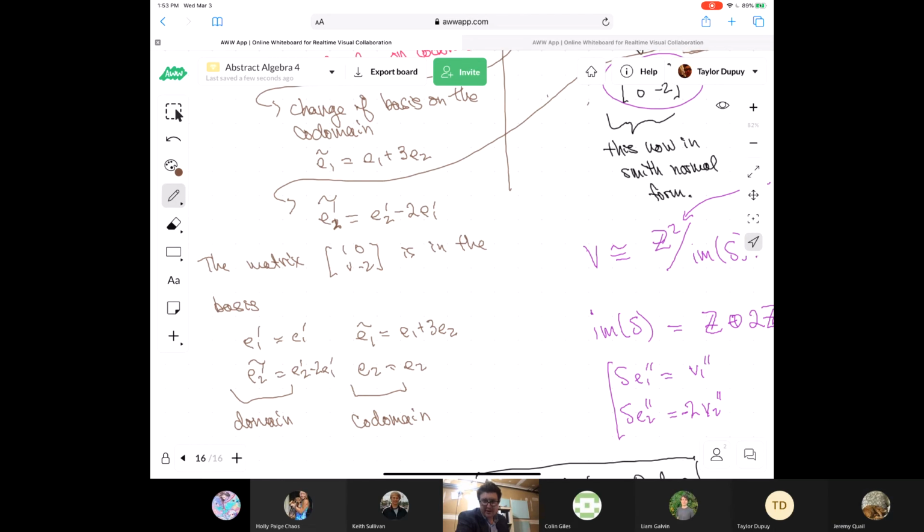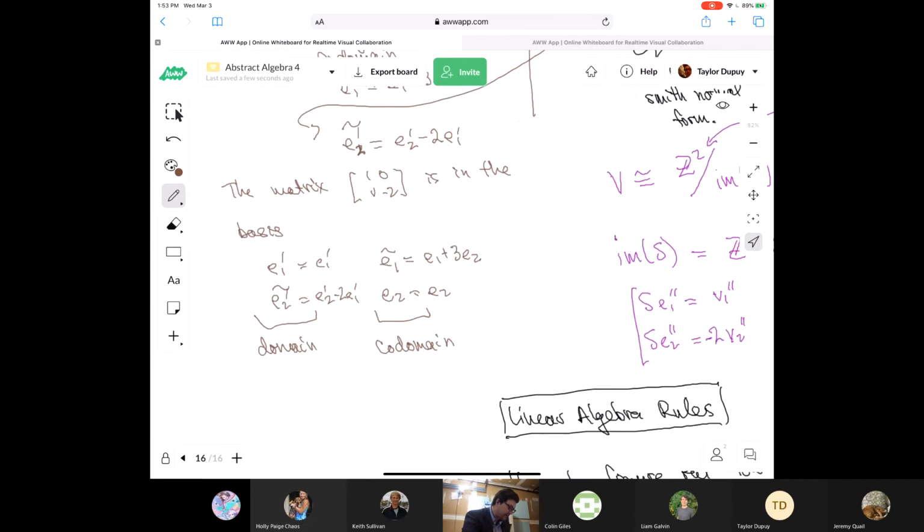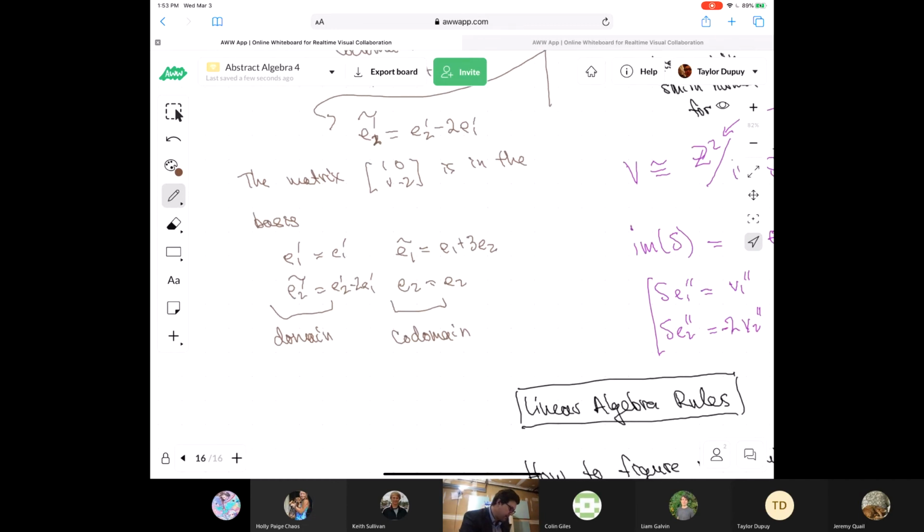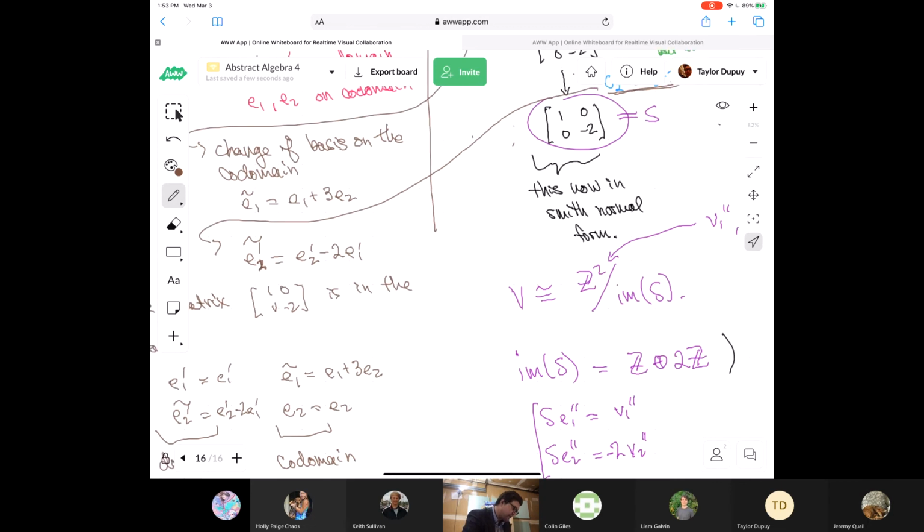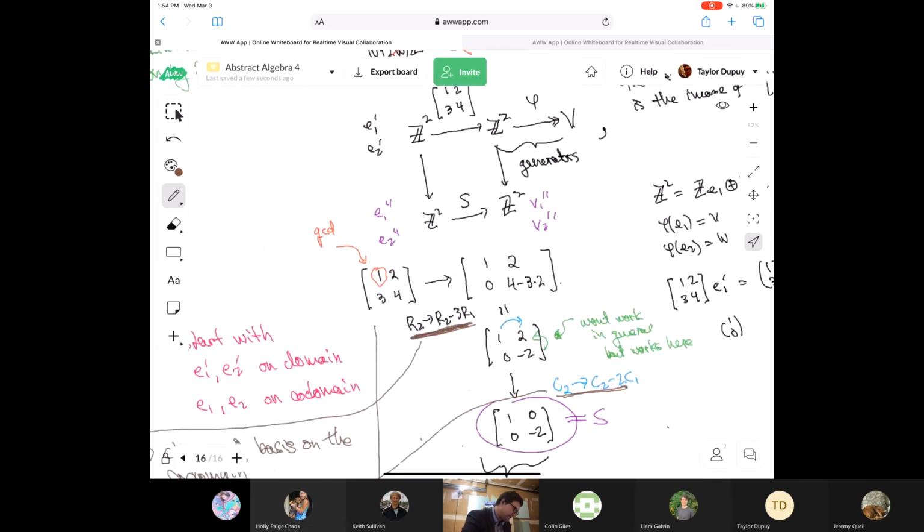There's a certain change of basis that gives the operation in Smith normal form, and this is the basis you use. So let's look at an example. Here, our original matrix, what do we call it? A or something?